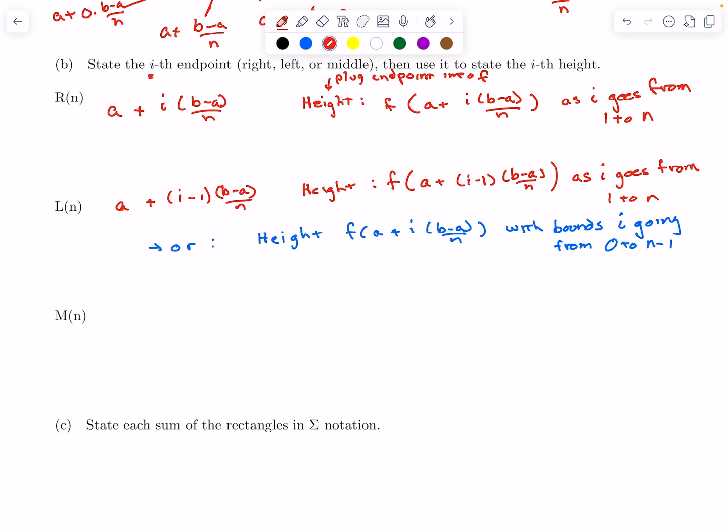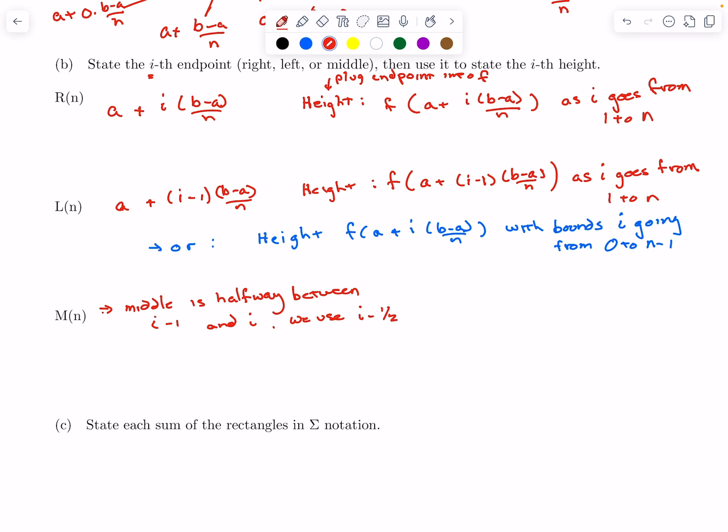The middle one is tricky no matter how you do it. So notice that the middle, what's in the middle between I minus 1 and I? We'll use I minus a half.